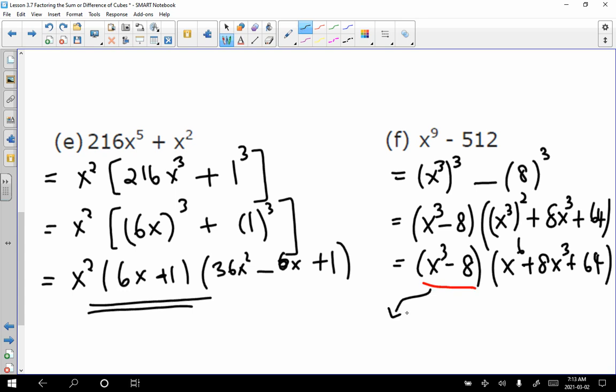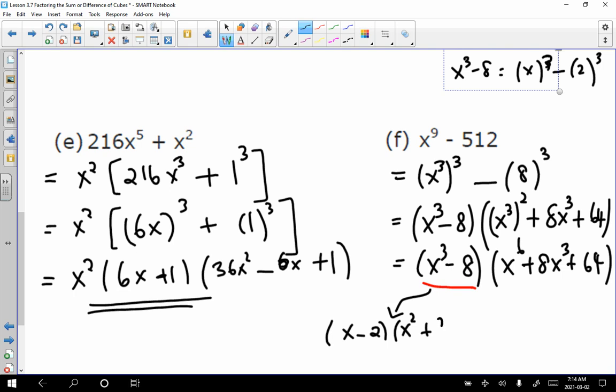So you're going to factor this as a difference of cubes because x^3 - 8 is the cube of x minus the cube of 2. That's your a, that's your b, right? So it's (a - b), so it's (x - 2) times a squared plus ab, sorry, it's 2, not 8.